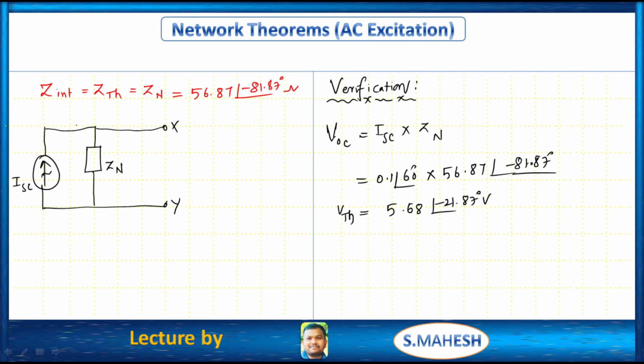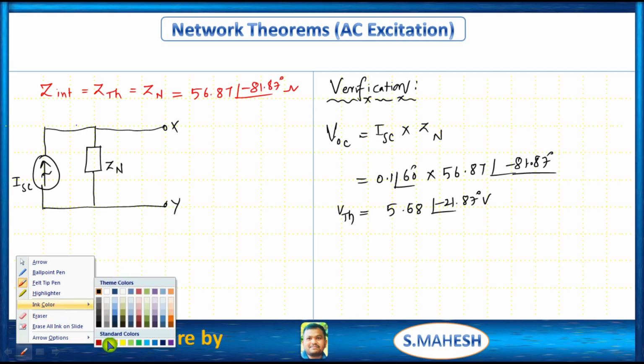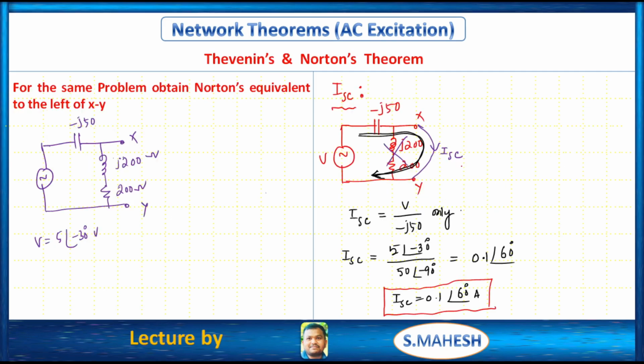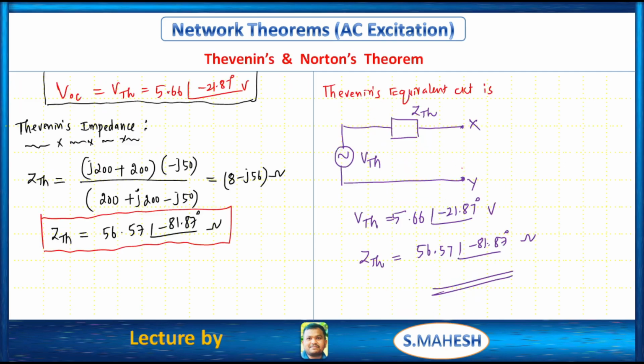This is the value of VTH. Can we check? 5.6 at an angle minus 21.8. The answers are verified.